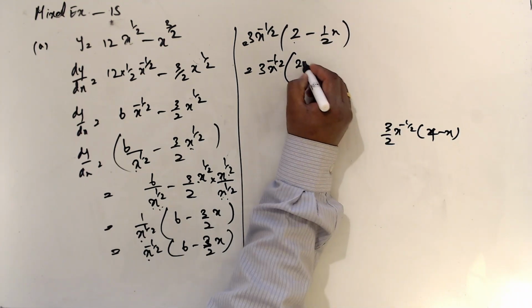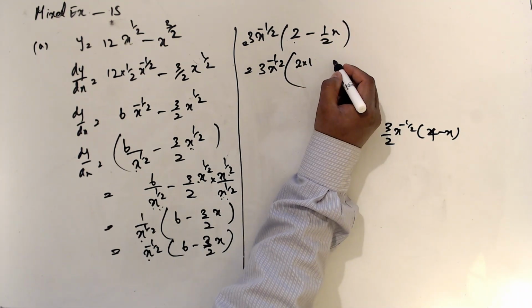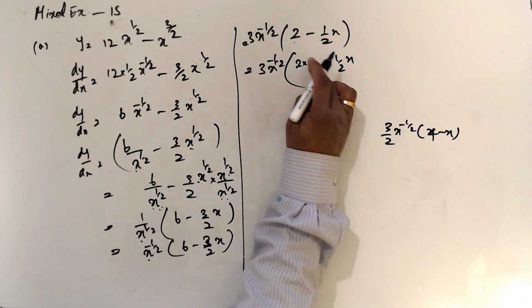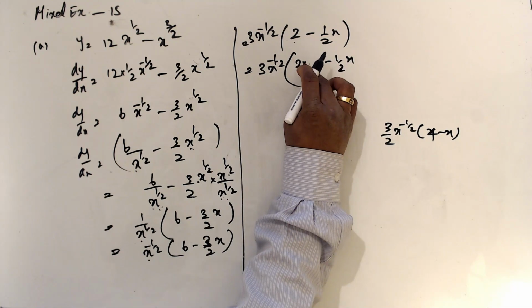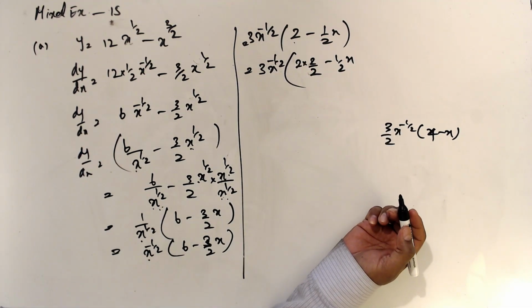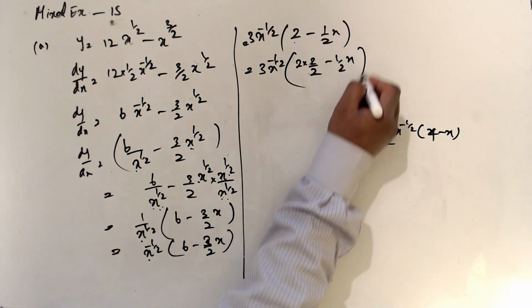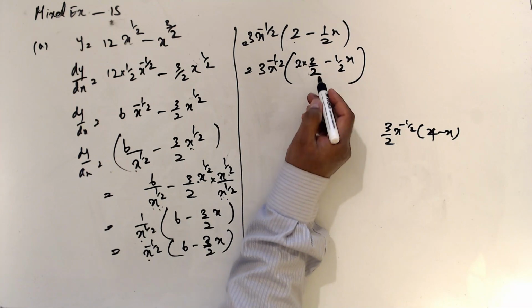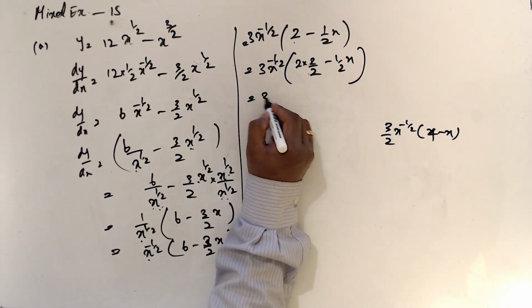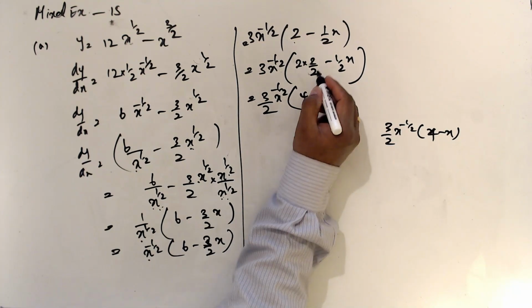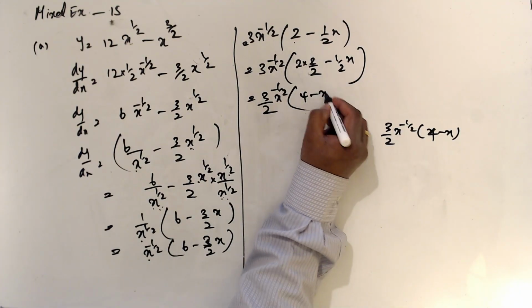Then 2 times 1 minus half a x. Can I write this half as 2 over 2? Now 2 over 2 is 1, so I didn't change the sum. Then I have a denominator, so 3 over 2 x to the minus half, this is going to be 4 and this is minus x.